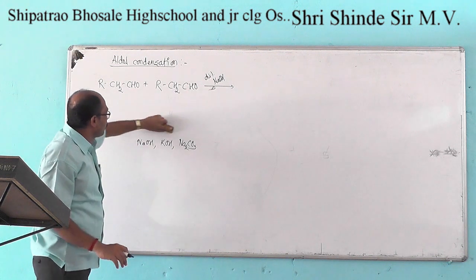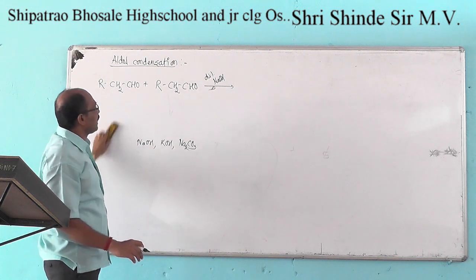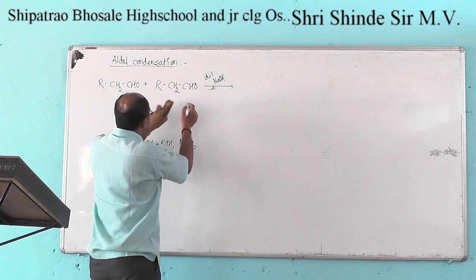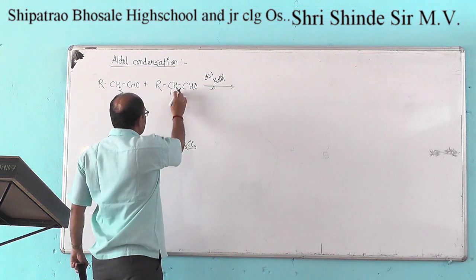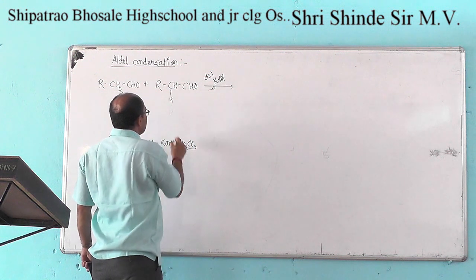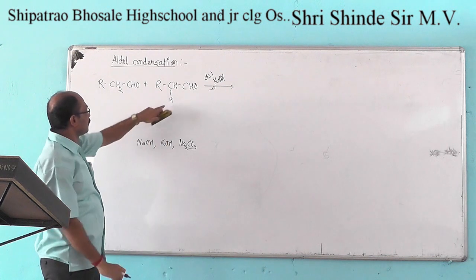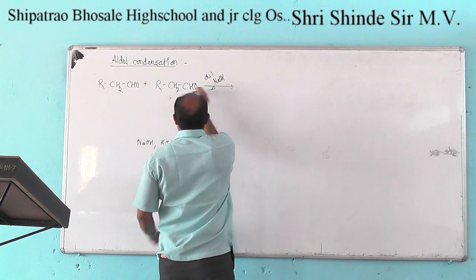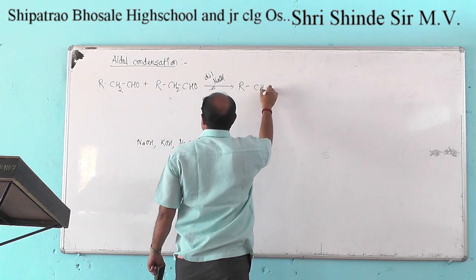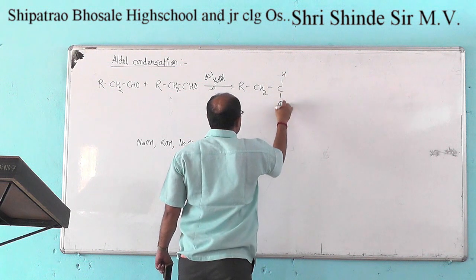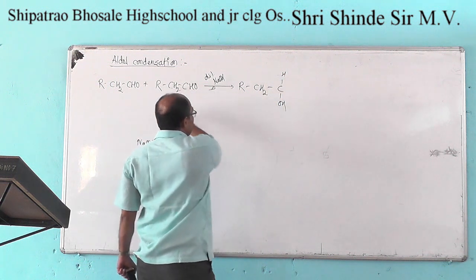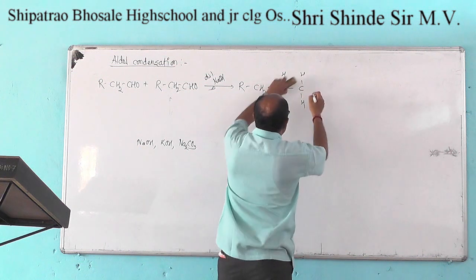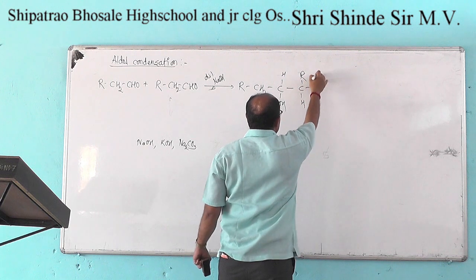They give the formation of beta hydroxyaldehydes or beta hydroxyketones. How? Suppose I am taking the removal of this hydrogen here, then CH2, CHOH, CH2 CHR CHO.